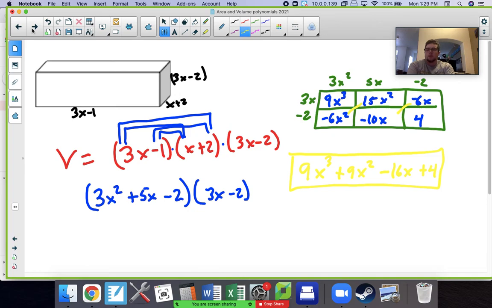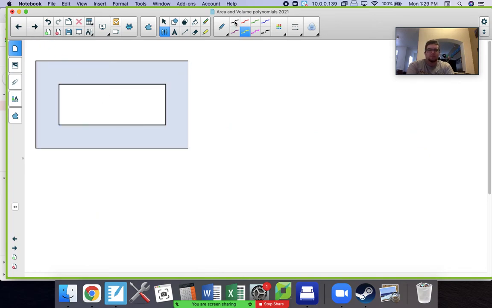And then the last problem we're going to look at is this one. Say 5x minus 2, 2x plus 3, and on the inside we've got 3x minus 1 and just x, let's say. We're going to have to find the area of the big rectangle and then subtract out the area of the small rectangle.